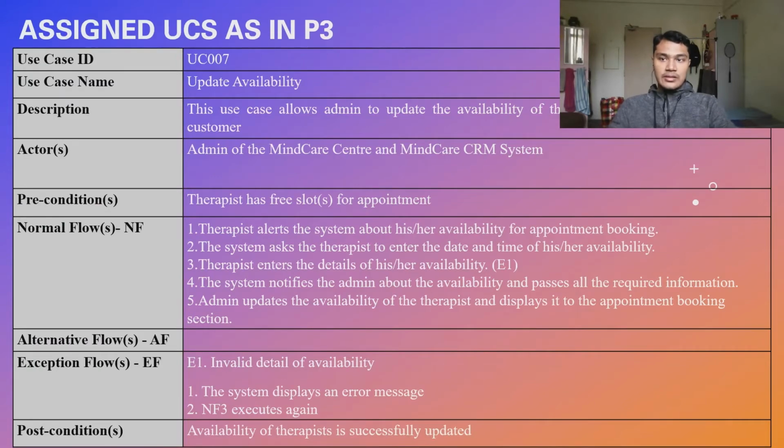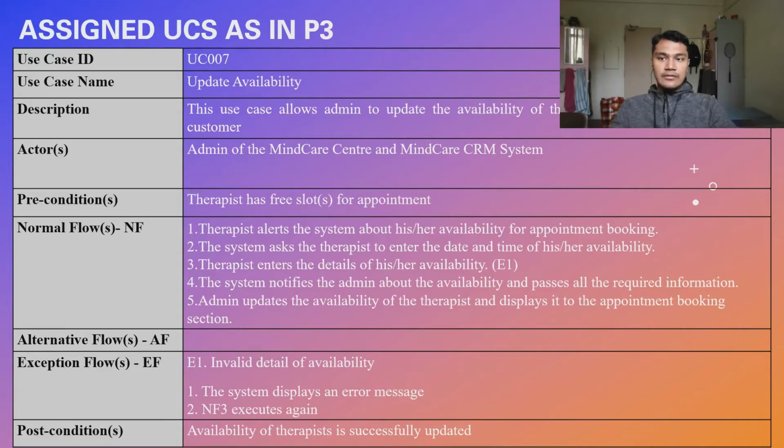Next on the screen here we have the assigned use case specification as in phase 3. As I explained just now, my part will be covering only use case 007, which is update availability.